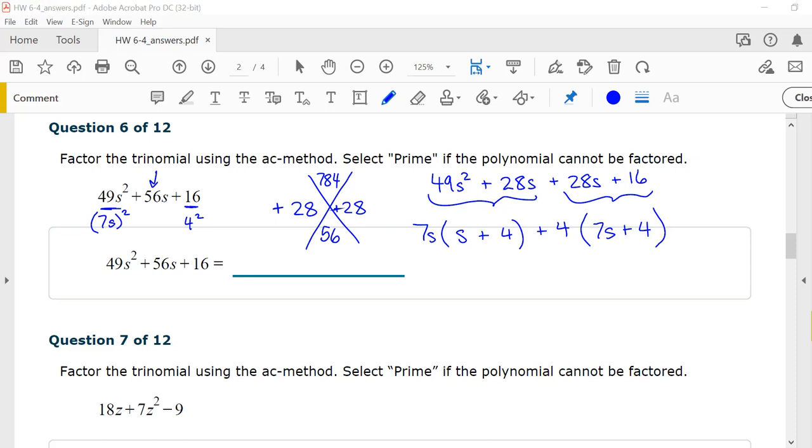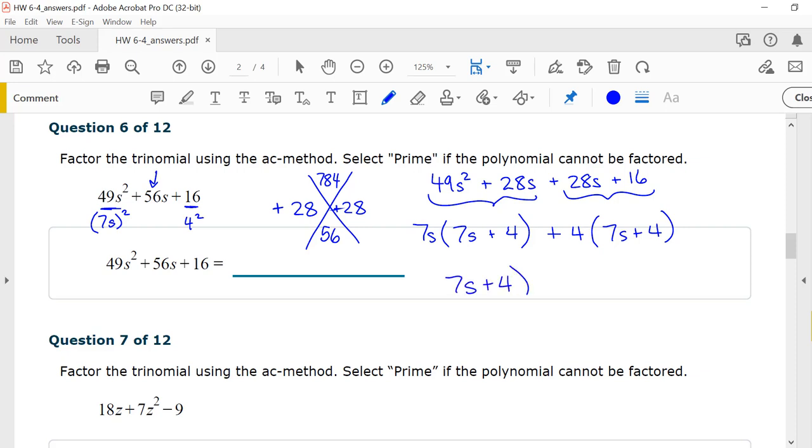Oh, sorry. Hold on. I made a huge mistake. I didn't factor out correctly. Factor out a 7s from the first one. What's left? Not just s, but 7s plus 4. Okay, plus. Now factor out a 4, and I'm left with 7s plus 4. I noticed that I was not correct because these two didn't match, but now they do. So if I pull out 7s plus 4, I'm left with 7s plus 4.